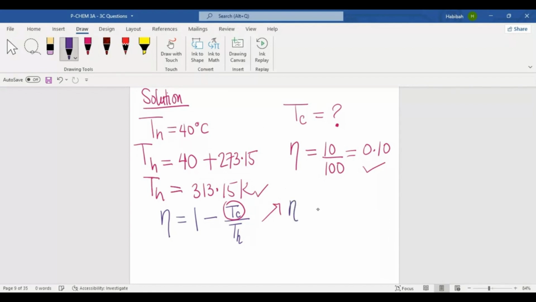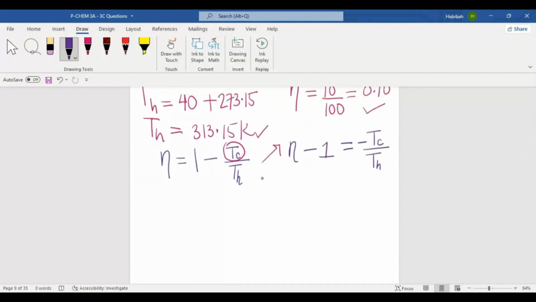We can say efficiency minus 1, using this formula, is equal to negative TC divided by TH. So when we have this, we can just simply substitute what we have. Let me rewrite this: efficiency minus 1 is equal to negative TC divided by TH.